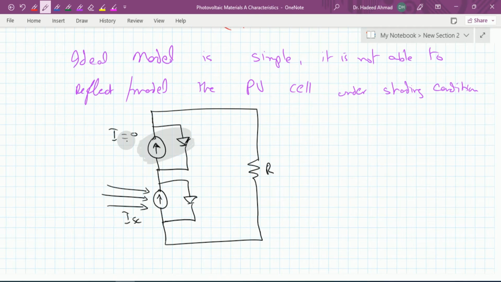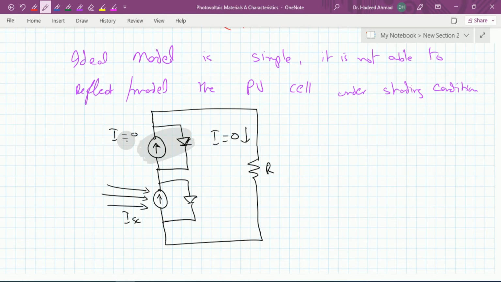So now the simplified or the most ideal equivalent circuit that we have studied here cannot be used, because its diode will also be reverse biased, and consequently there shall be no current flowing through the load. So the load current I will be equal to 0 because of the shading of this PV cell.